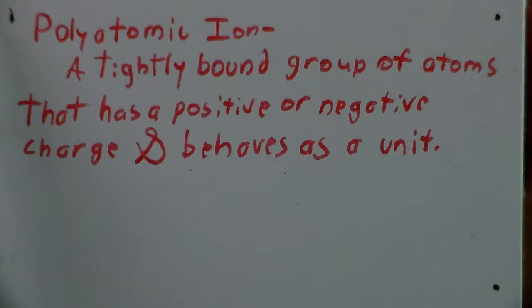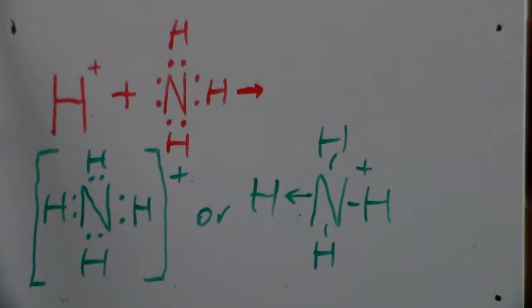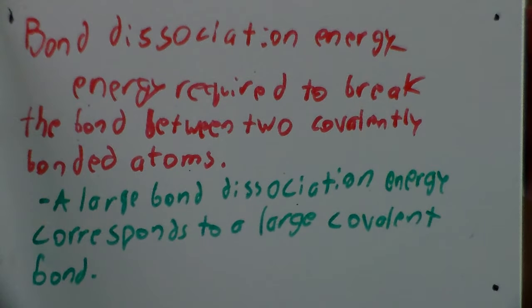A polyatomic ion is a tightly bound group of atoms that has a positive or negative charge and behaves as a unit. Bond dissociation energy is the energy required to break the bond between two covalently bonded atoms.